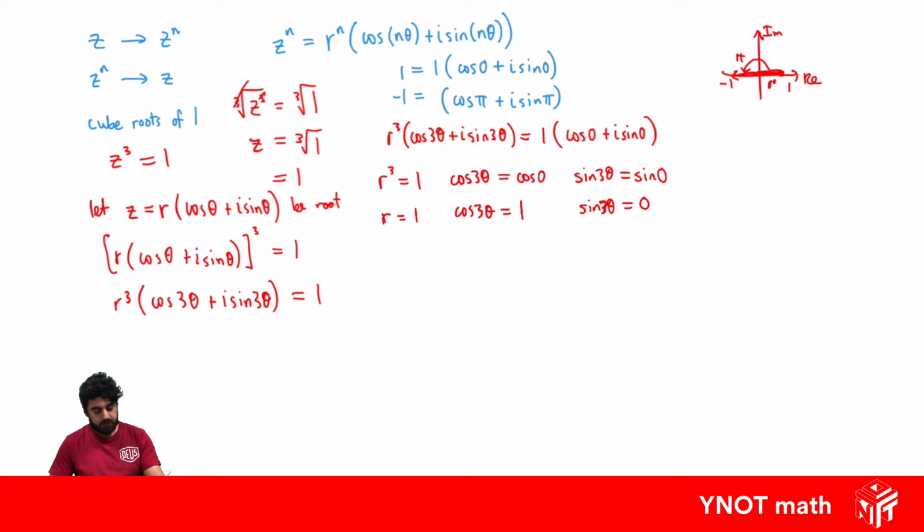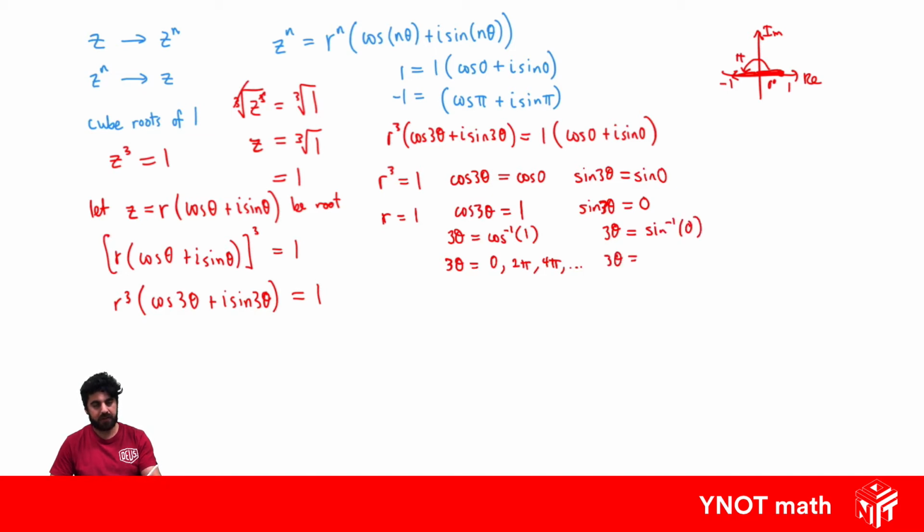Now solving for 3 theta here, we're going to have 3 theta equals the inverse cos of 1. We need to think about all the values of our angle where cos equals 1. So cos equals 1 when our angle is at 0, 2 pi, 4 pi, and so forth. And for sine, we're going to have 3 theta equals the inverse sine of 0.